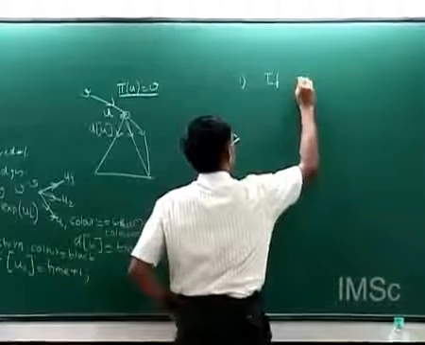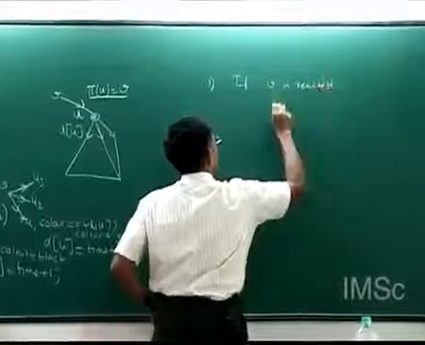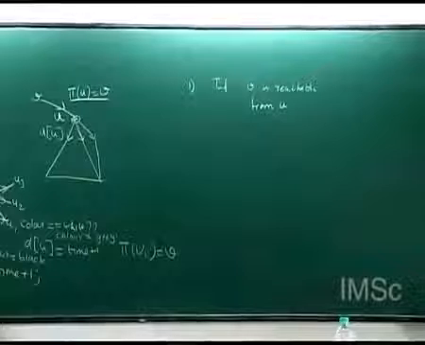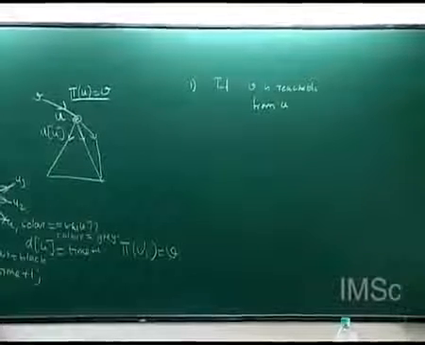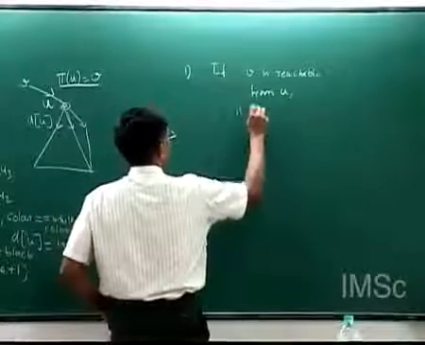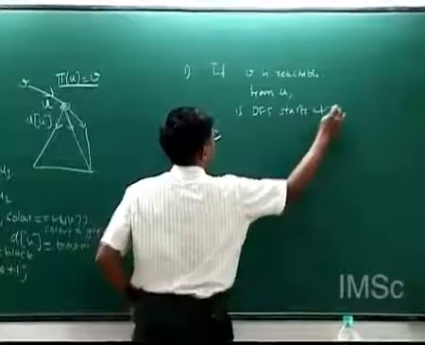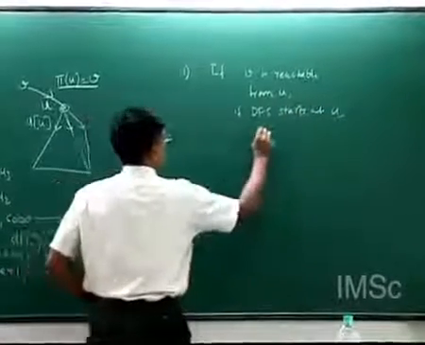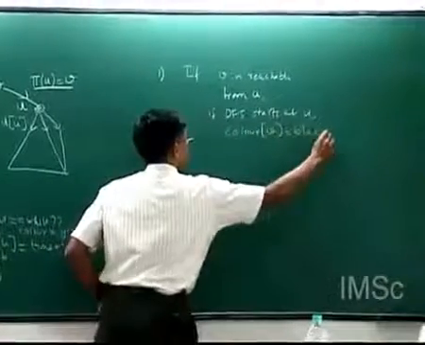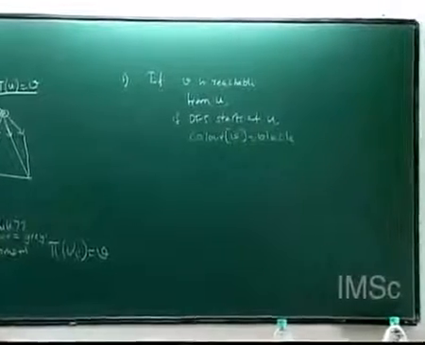If V is reachable from U, and if you start a depth first search at U, then the color of V is black at the end of this execution.